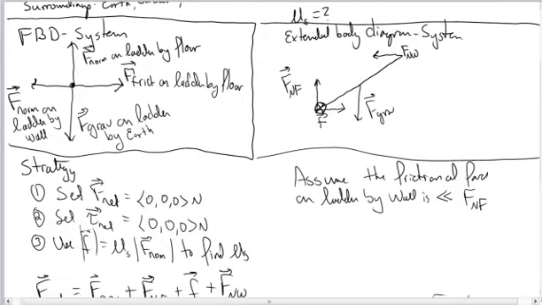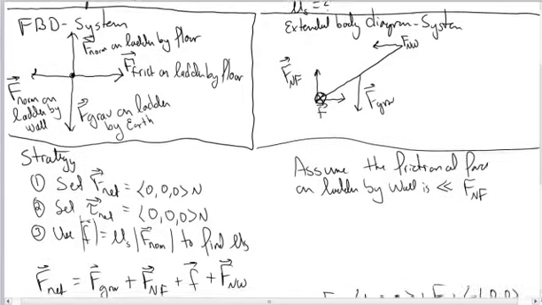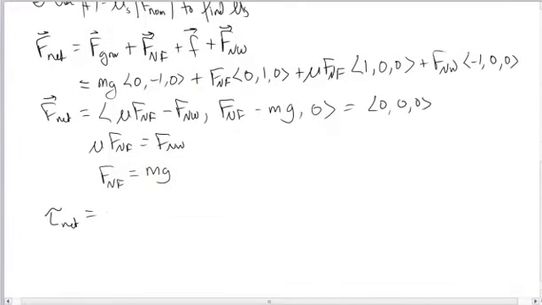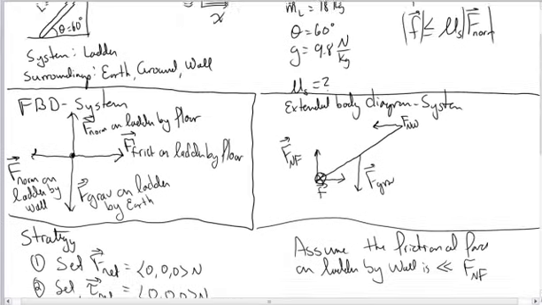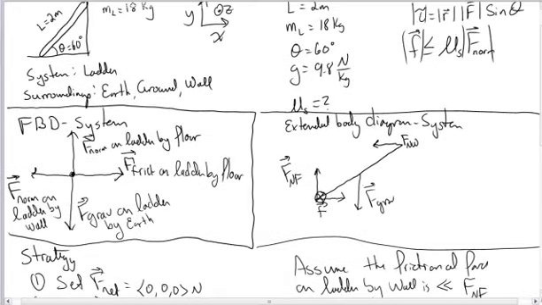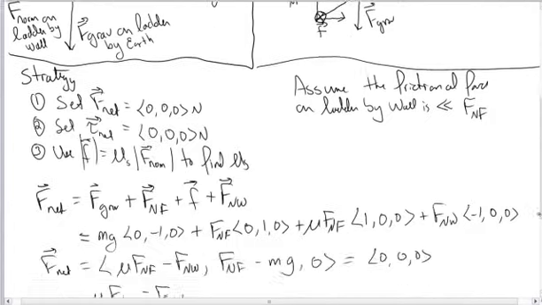So the normal force of the wall causes a positive torque. So that's going to be the full length of the ladder times F, normal force of the wall. The torque by gravity is only at half the length, L over 2, and it's going to be negative.